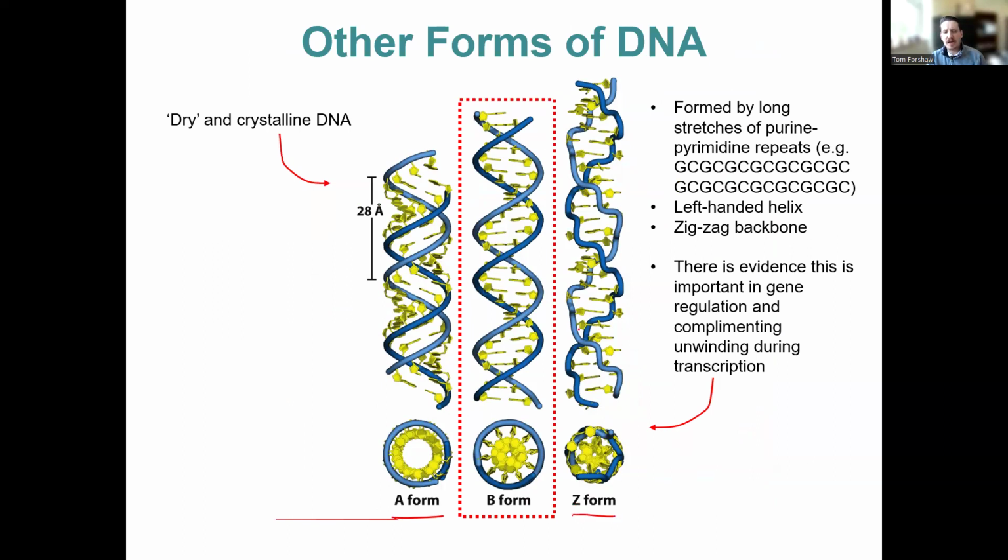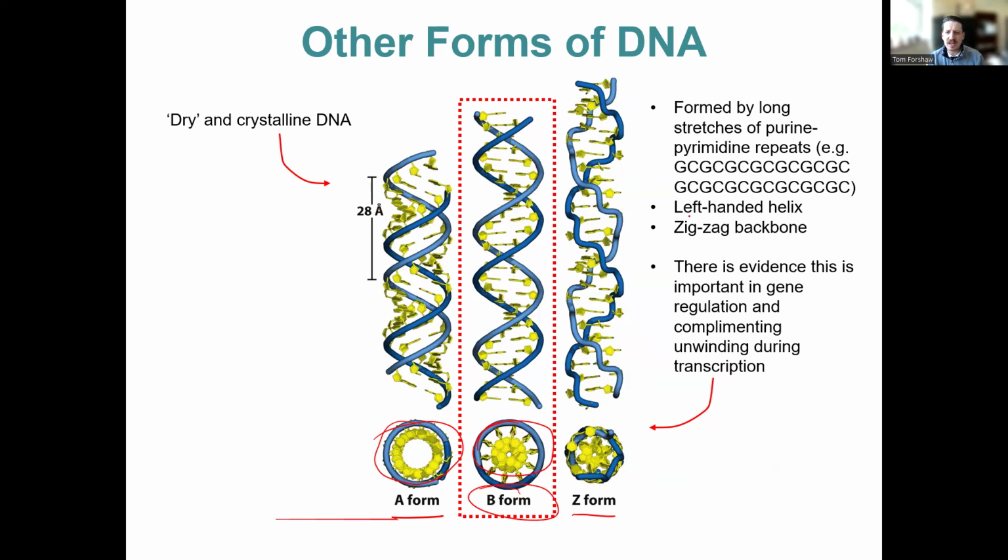This isn't so important for an undergraduate biochemistry course, but I just thought I would point out that the regular structure of DNA that you are familiar with is actually known as the B form, and it looks like this with the double helix and the bases on the inside. If you were to take DNA and dry it out, it forms a slightly different structure, known as the A form. And there's this other form as well, known as the Z form.